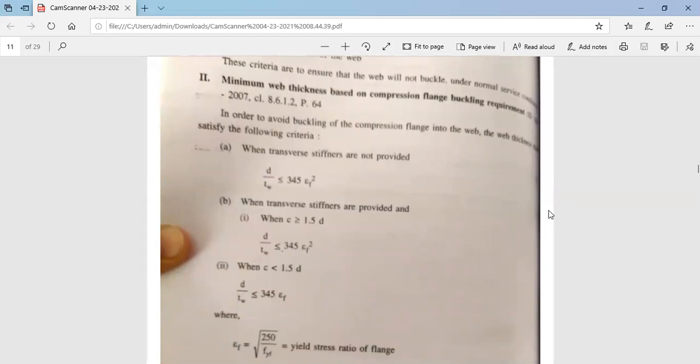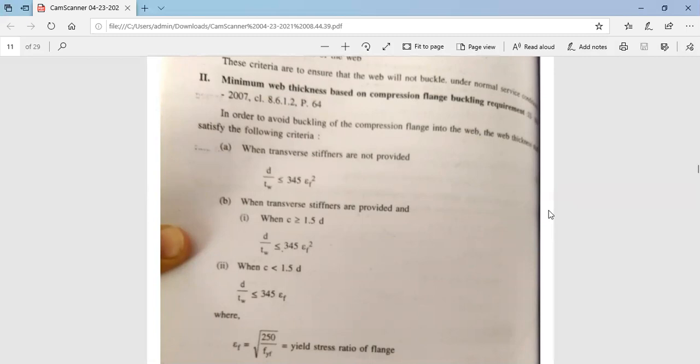Next criterion is minimum web thickness based on compression flange buckling requirement, which is given in IS 800-2007, clause number 8.6.1.2, page number 64. In order to avoid buckling of the compression flange into the web, the web thickness shall satisfy the following criteria. First, when transverse stiffeners are not provided, D by TW is less than or equal to 345 EF squared.